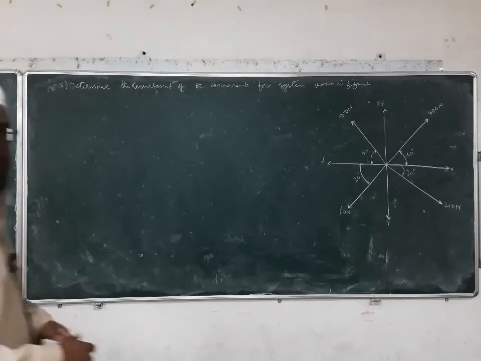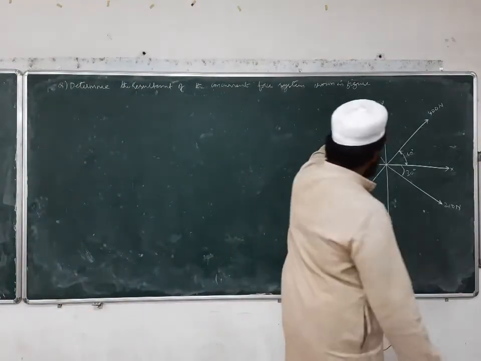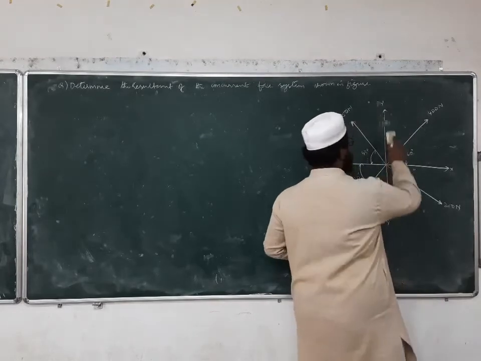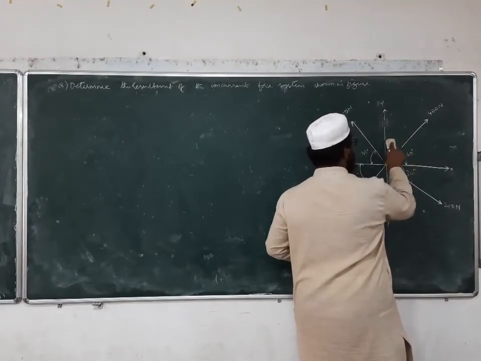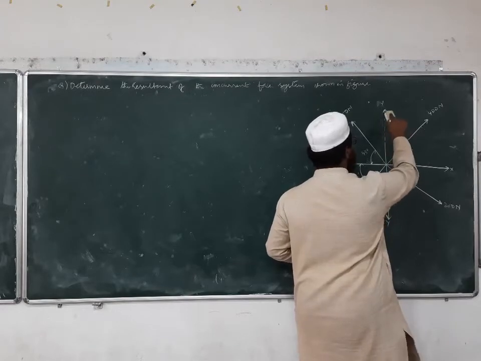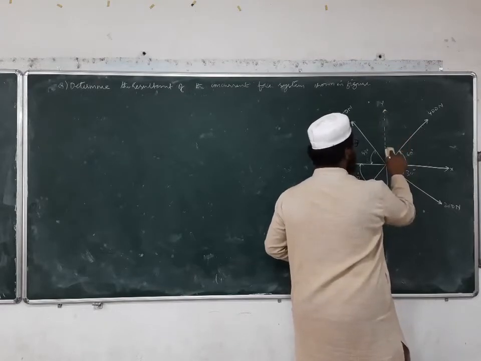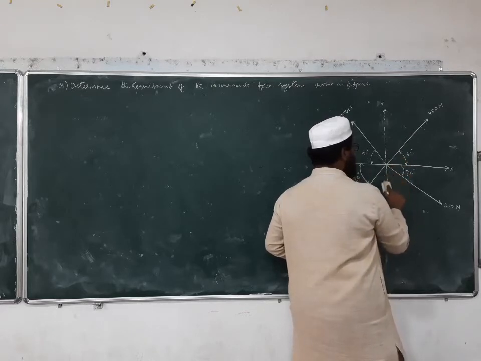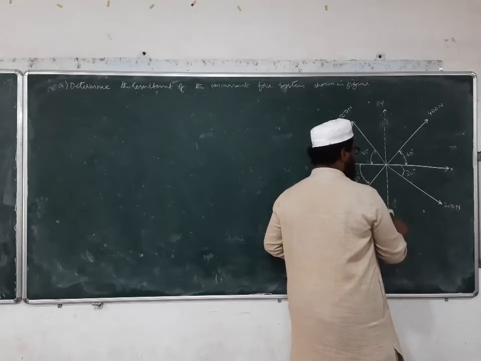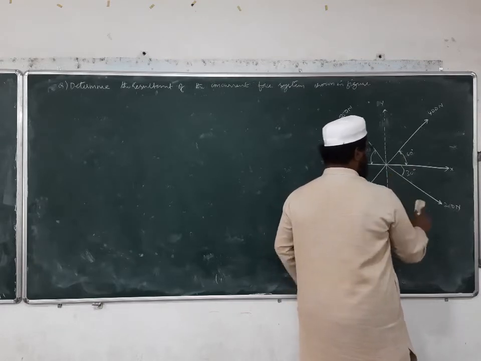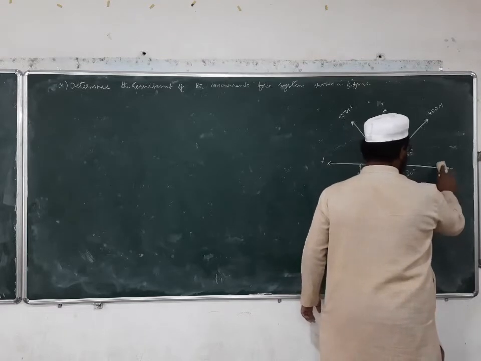So we have the x and y axis, given to us in the question. Depending upon the given x and y axis, we have to calculate the resultant of forces. How to calculate the resultant for multiple forces, we'll see.